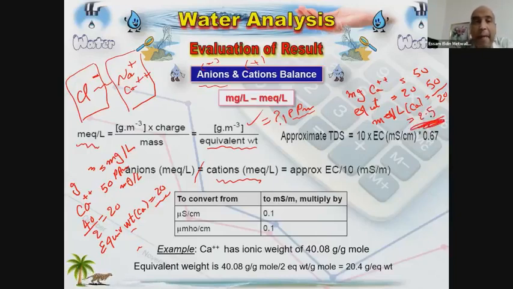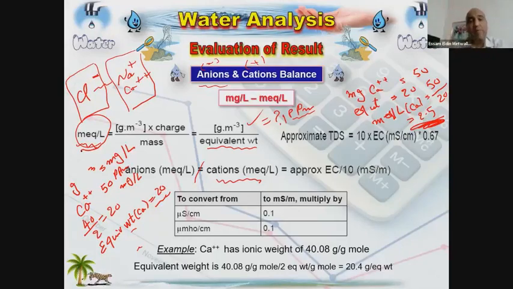This is the mole equivalent of calcium. Make the same for potassium, for ammonium, for sodium, for every cation analyte, and make a summation for cations, then make a summation for mole equivalent of anions.